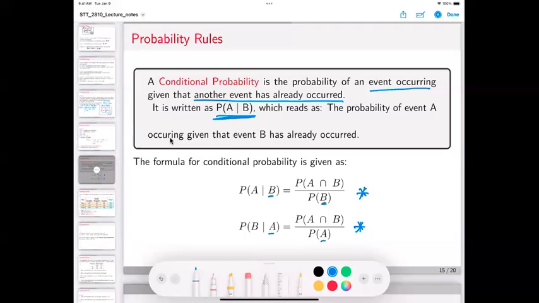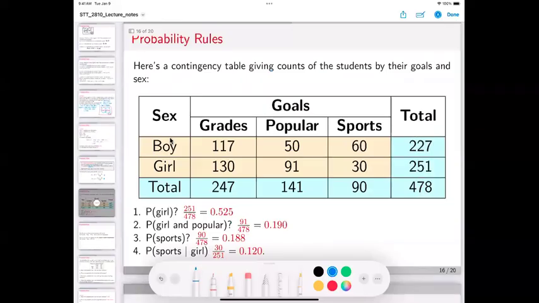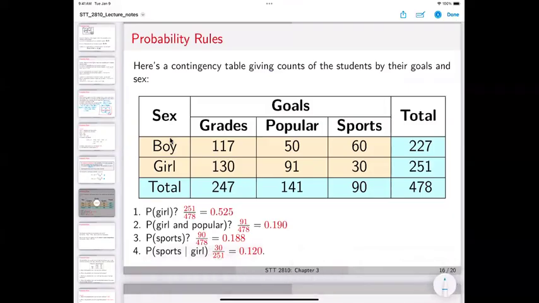Okay, let's try to look at some examples of the conditional probabilities. Let's start with a simple one. So here we have a contingency table, and we want to answer the following questions. The contingency table gives the count of students by their goals and sex.